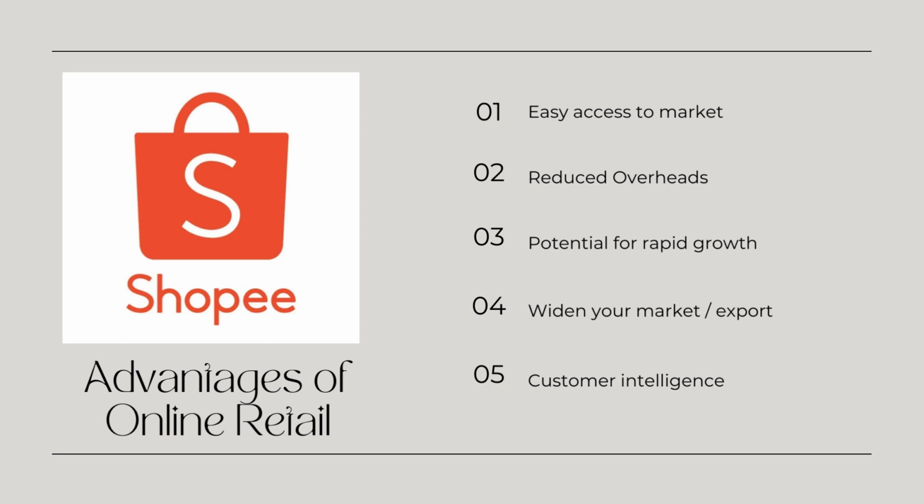If the customer will search for garments on the search bar dun sa loob ng application, lahat ng mga products or lahat ng mga online shops na nagbebenta ng garments, lalabas lahat yun doon. Right? So, that's gonna be the customer intelligence. Madali kang makikita. Madaling makikita yung products mo through the search engines.